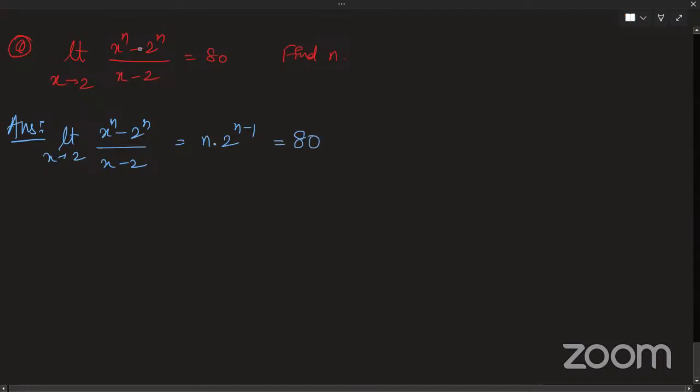Can we just think of a natural number value of n where it satisfies this? Any value? We have to take natural numbers.